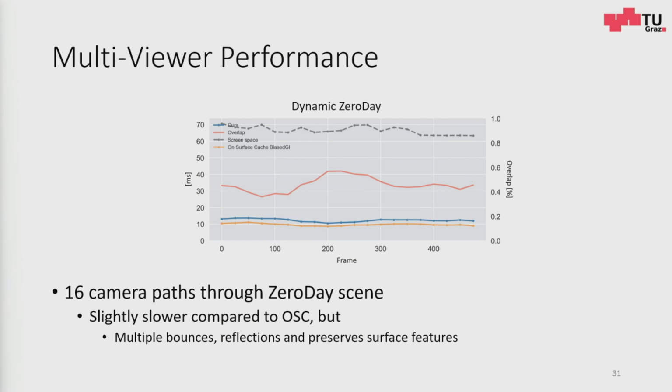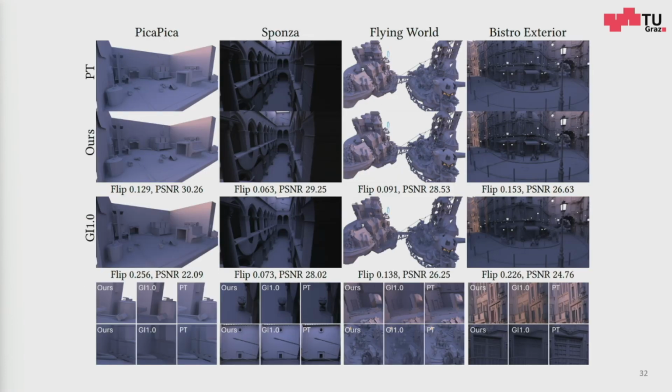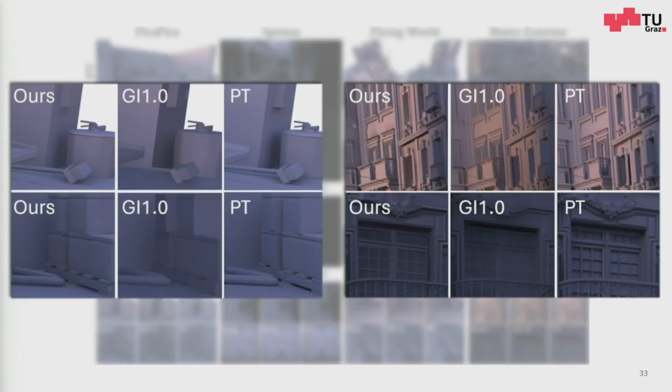Now for quality, we compared quality to AMD-GI. Ground truth was generated with the path tracer from AMD-GI's framework for fairness in this case. Our approach achieves better image metric scores across the scenes, and we attribute that to the fact that we can preserve more detail upon closer inspection, for example, in the Pika scene, due to the placement of our caches.